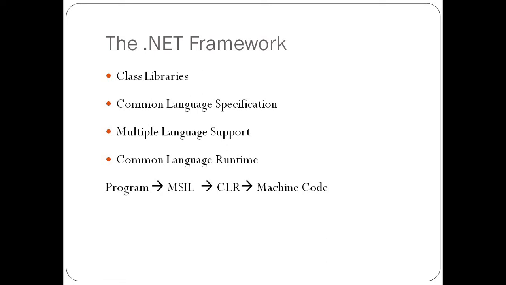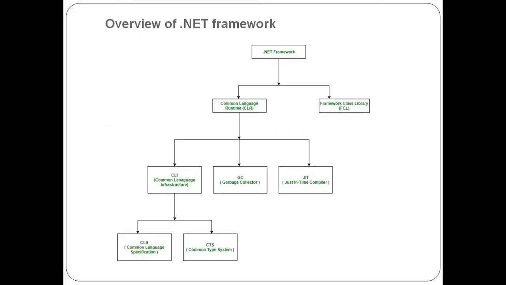Common Language Specification ensures complete interoperability amongst applications regardless of the language that they are created with. Common Language Specification defines a subset of the common type system. If you look at this chart, the common type system is available here.